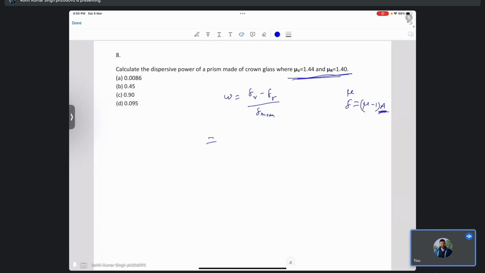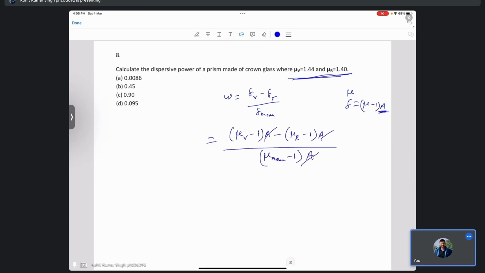So delta V will be (mu of violet minus 1) into A minus (mu of red minus 1) into A, divided by delta mean, which will be (mean refractive index minus 1) into A. Now this A will be cancelled from above and below, right?